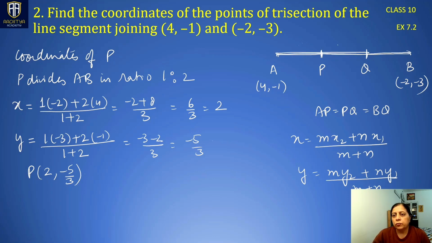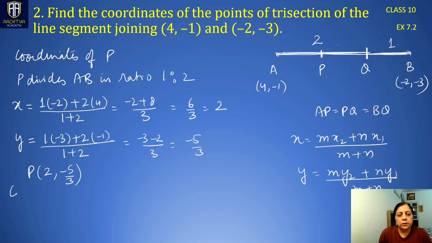We have to look for AQ and BQ as two different parts. So we can see that two parts are in the first segment. So we can say that Q is dividing AB in the ratio 2:1, right?